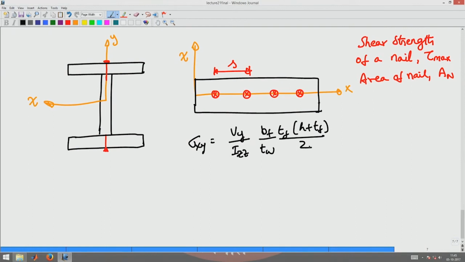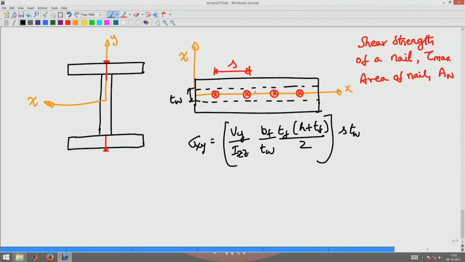Now, this shear stress into S into Tw, that is what we are saying. Here the web is like this, this is Tw.